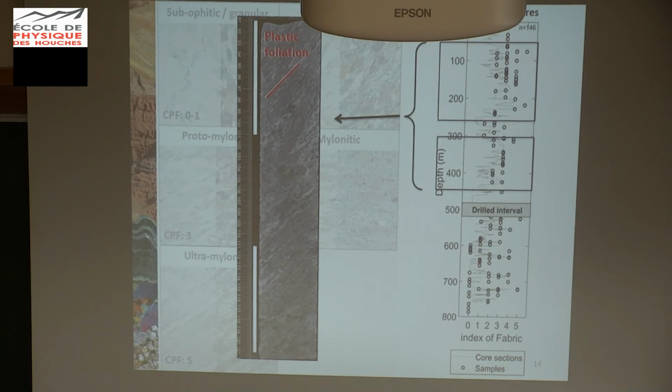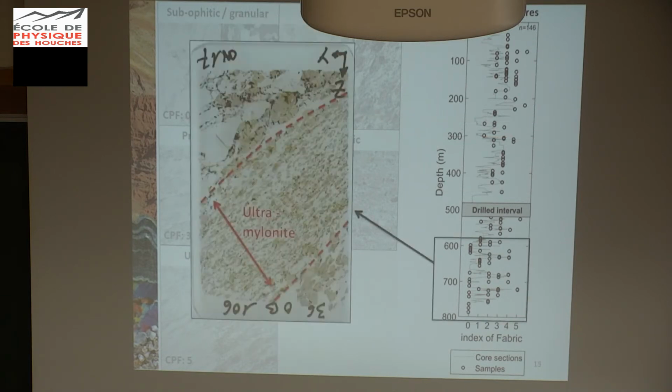So we have a highly distributed deformation in long sections, and this is in contrast with what we see in the bottom of the hole, where deformation is much more localized, and overall the rock is slightly or undeformed, and sometimes we have some pulses of deformation leading to mylonitic to ultramylonitic microstructure development.